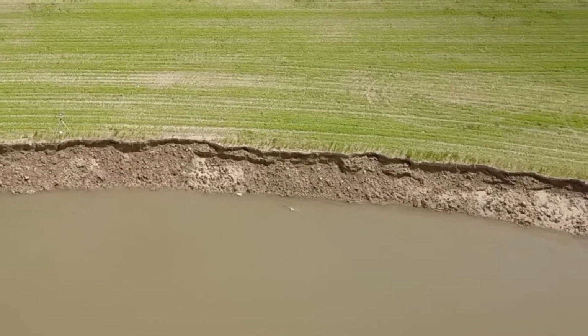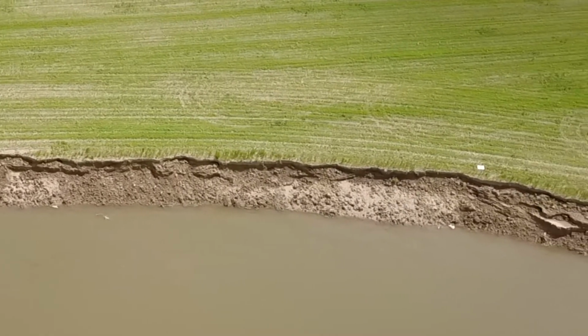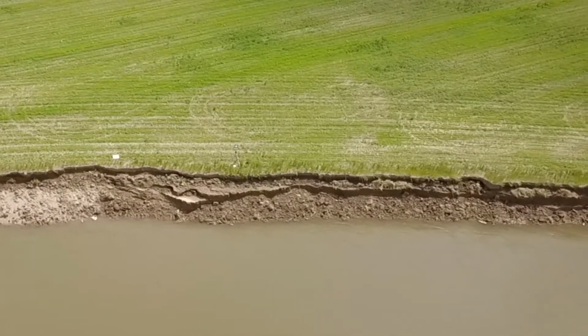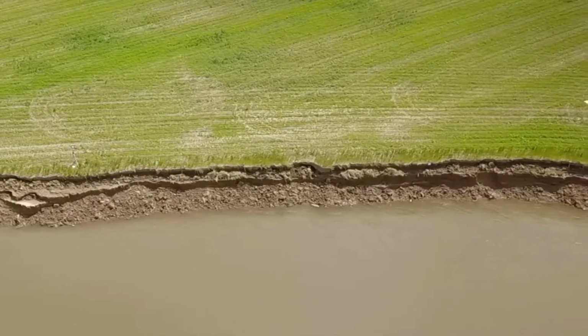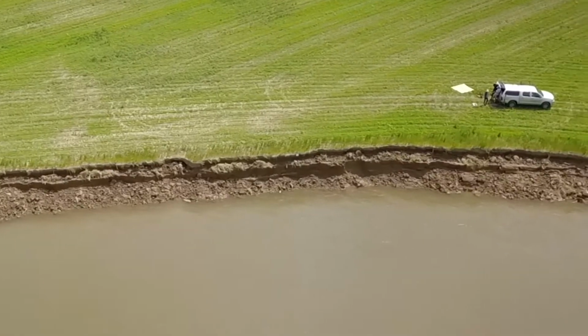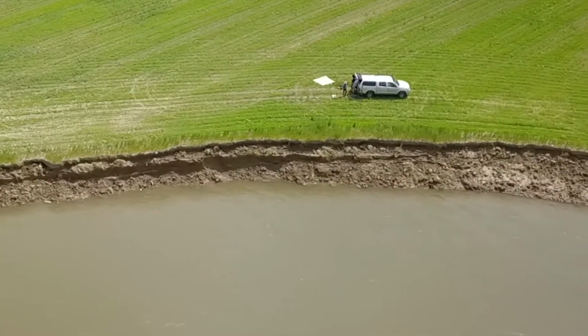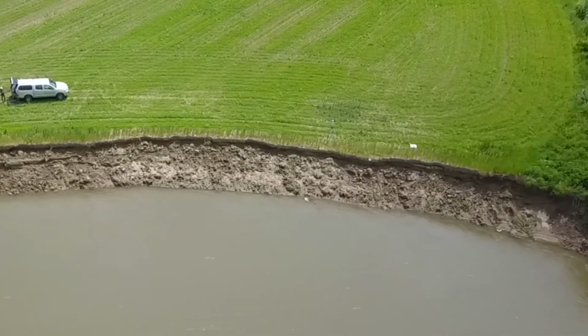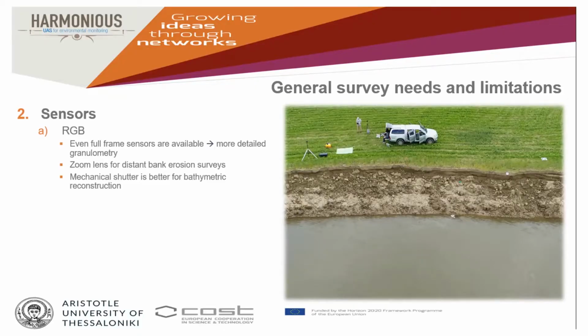And they can even replace terrestrial laser scanning. That's a direction that we are also about to analyze in a scientific research way: how can the new RTK-based drones replace the terrestrial laser scanning survey of collapsing riverbanks?